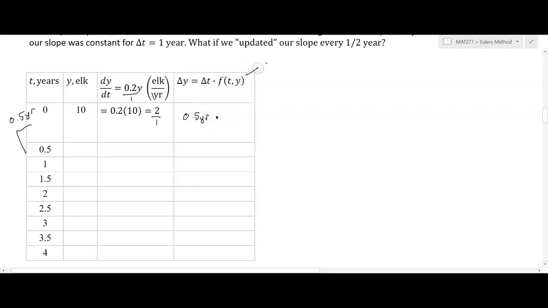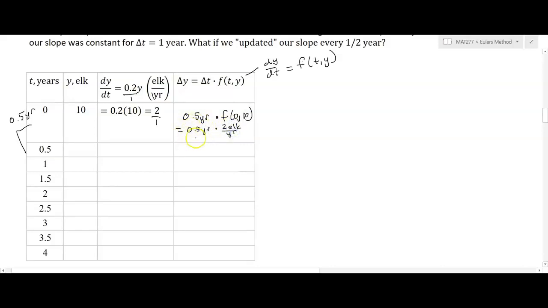Now remember, another way of saying this is just dy dt, but the reason I write it as f of t comma y is because it allows me to specify the t and the y that I'm positioned at. So here I'm looking at f of 0 comma 10, and in other words that equals half a year times 2 elk per year, right?